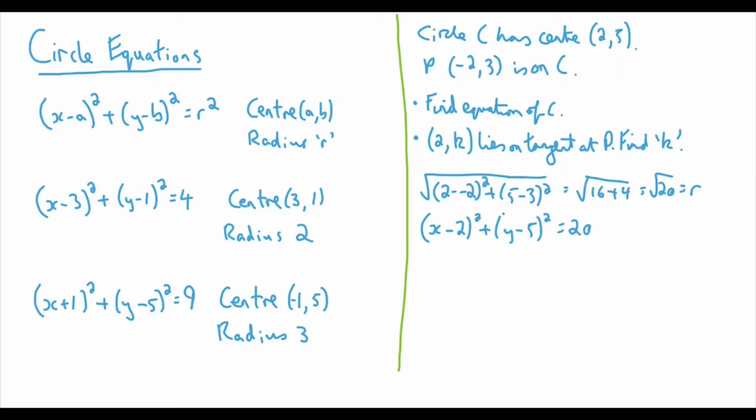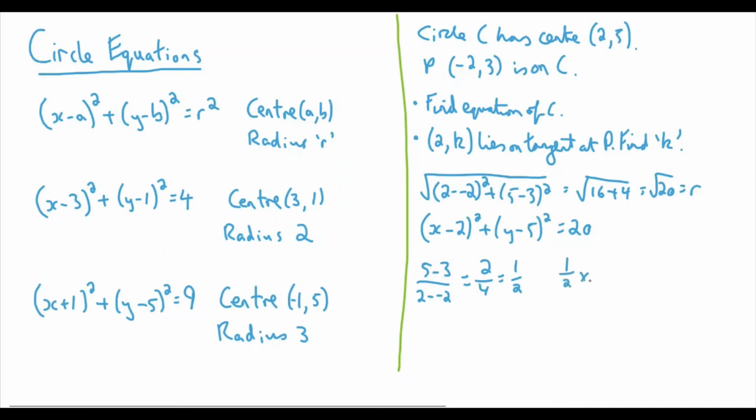Following the same steps as we did before, if we can work out the gradient of the radius first, so we'll have 5 minus 3 over 2 minus -2 for our difference in y over difference in x. So 2 over 4, it equals a half.